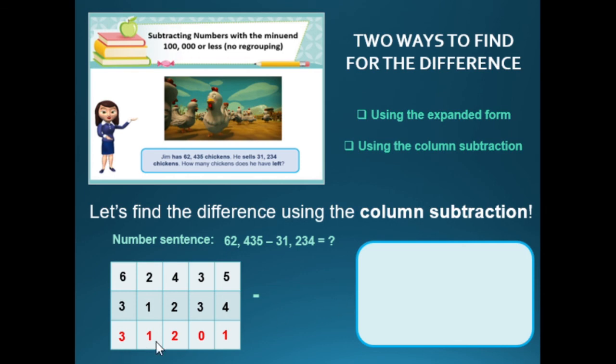It's 31,201. So to answer the question, how many chickens does he have left? The answer is he has 31,201 chickens left.